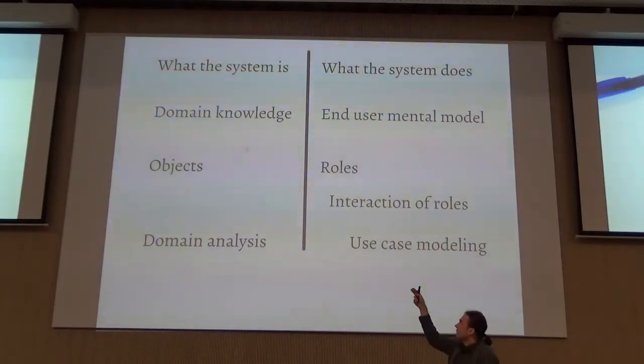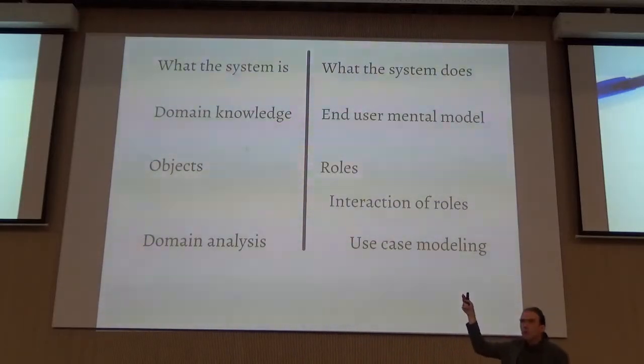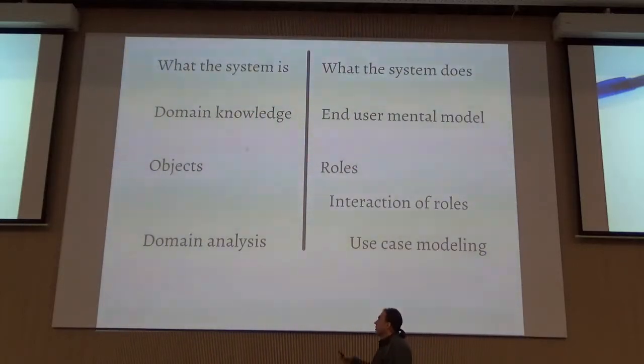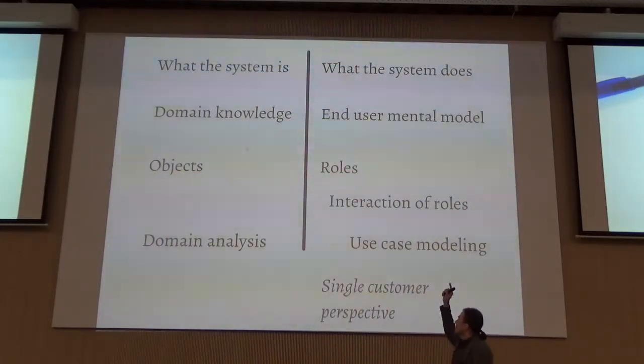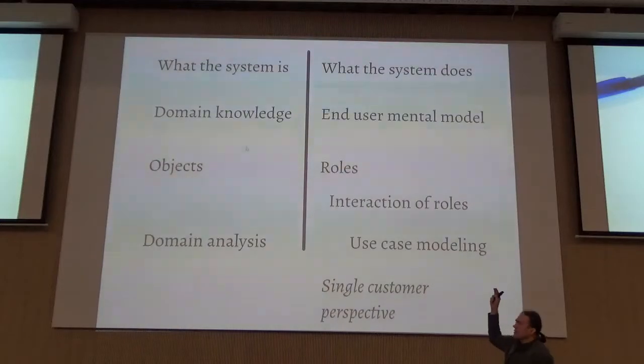We actually try to understand the domain knowledge that we have there, and we already set some architecture in terms of objects that we are using as common object-oriented design, and this is the perspective based on what the system is, normally valid for a single customer.